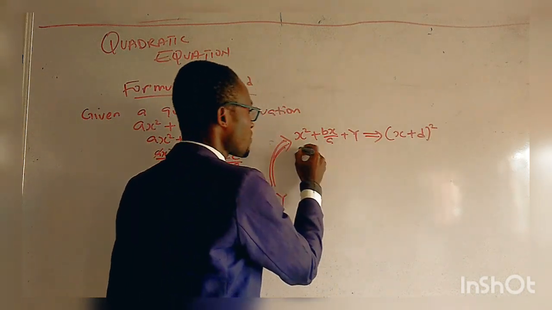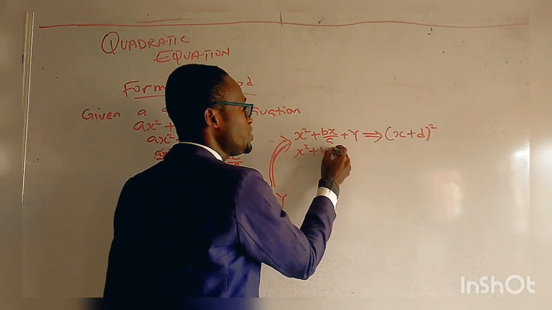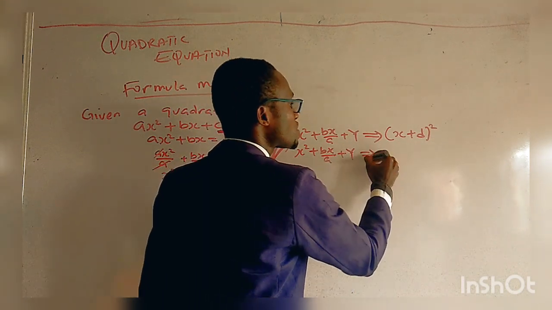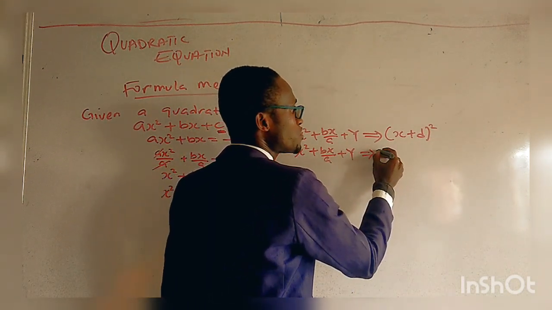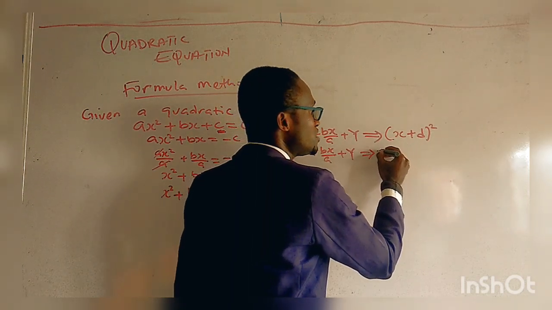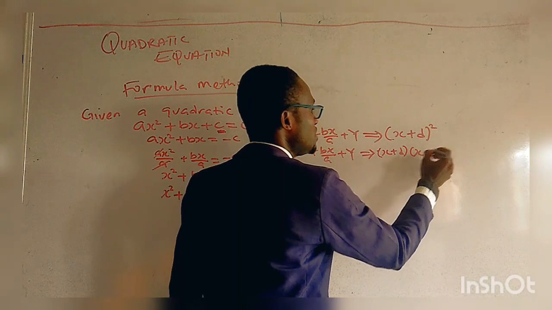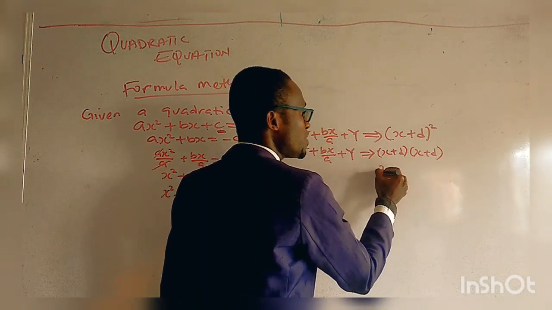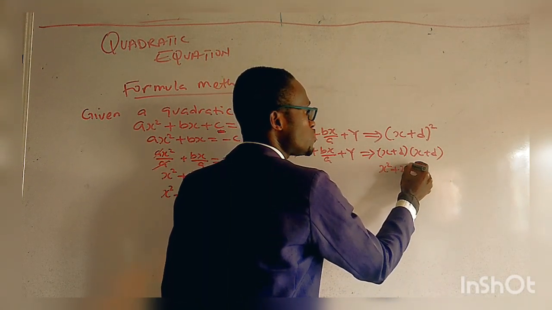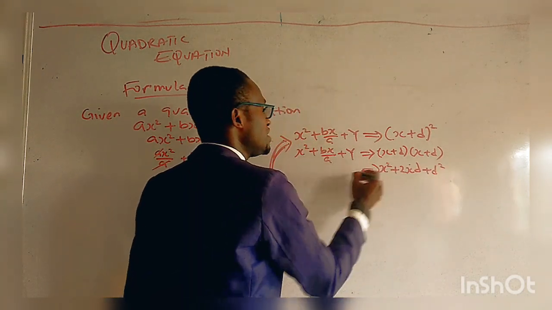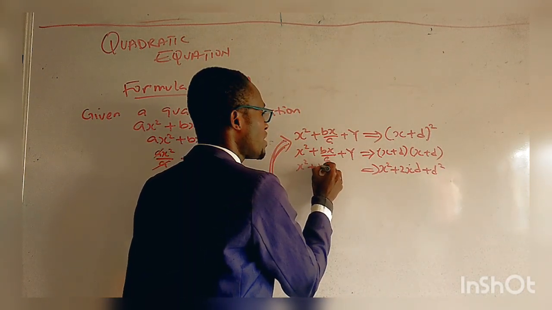If you expand x plus d times x plus d, we have x squared plus 2xd plus d squared.